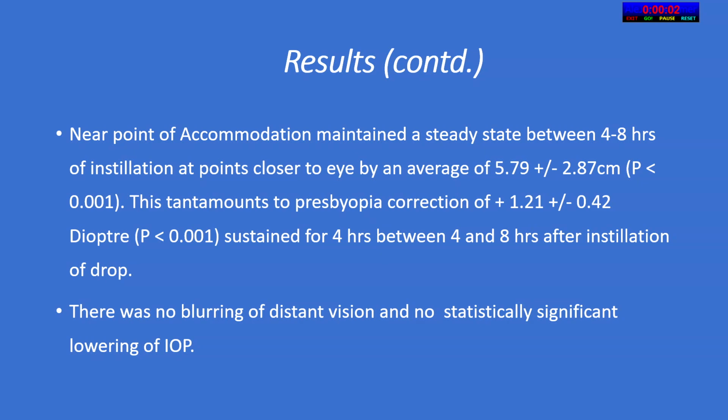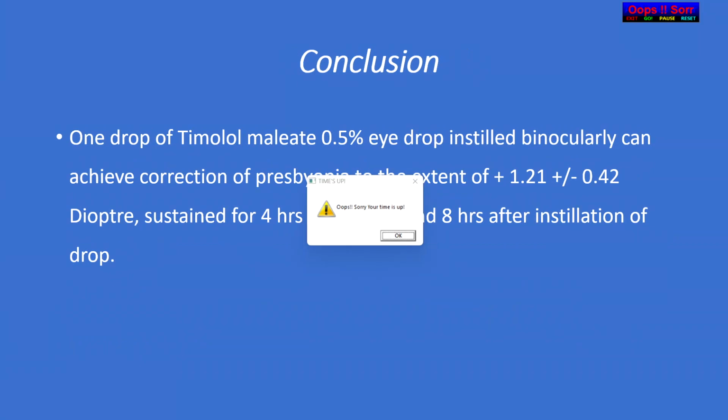There was no blurring of distant vision and no statistically significant lowering of IOP. So our conclusion was 1 drop of timolol maleate 0.5% instilled binocularly can achieve correction of presbyopia to the extent of plus 1.21 diopter sustained for 4 hours between 4 and 8 hours after instillation of the drop.